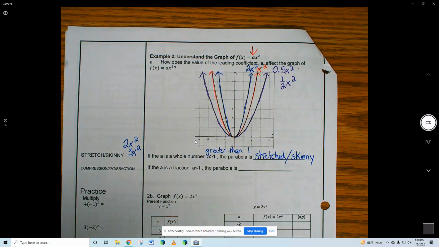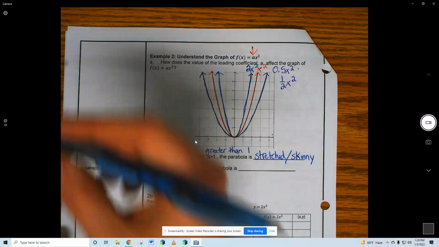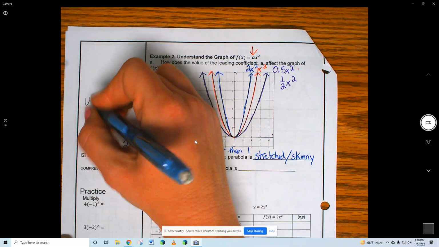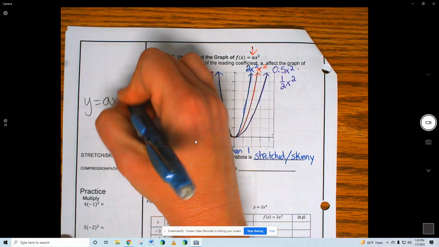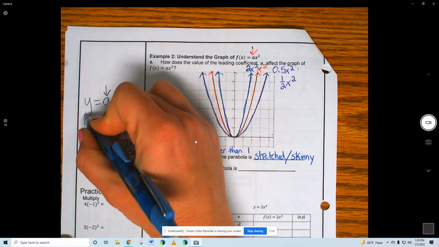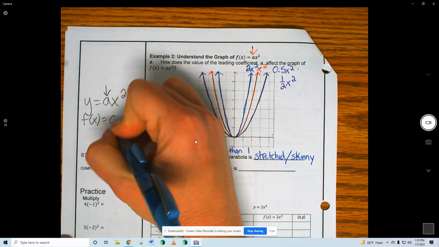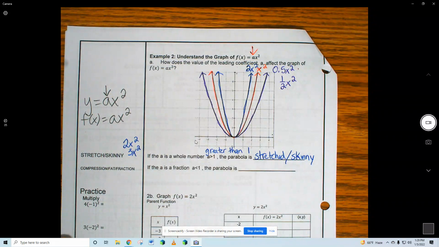So remember, we're talking about this right here: y equals ax squared, or f of x equals ax squared. This a has the power to make it skinnier or fatter.